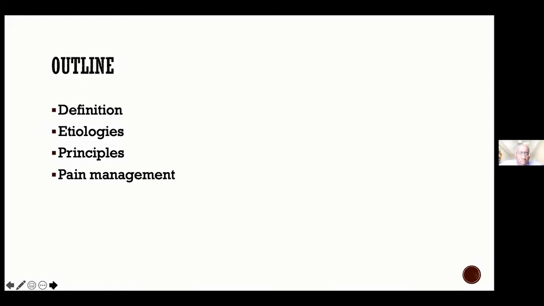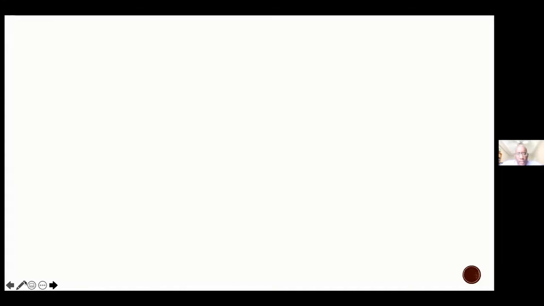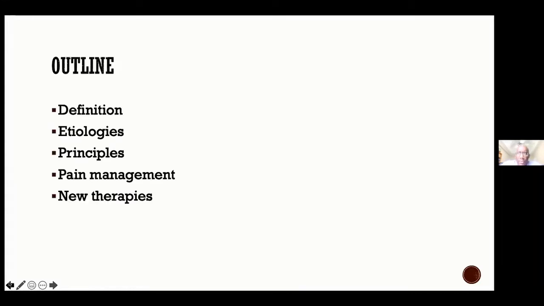I'm going to discuss the principles of management, the endpoints that both the practitioner and the patient try to come to. And then I'll go through general pain management modalities that we use for patients. And I will mention a little bit about the new therapies that we use in the armamentarium of dealing with pain.